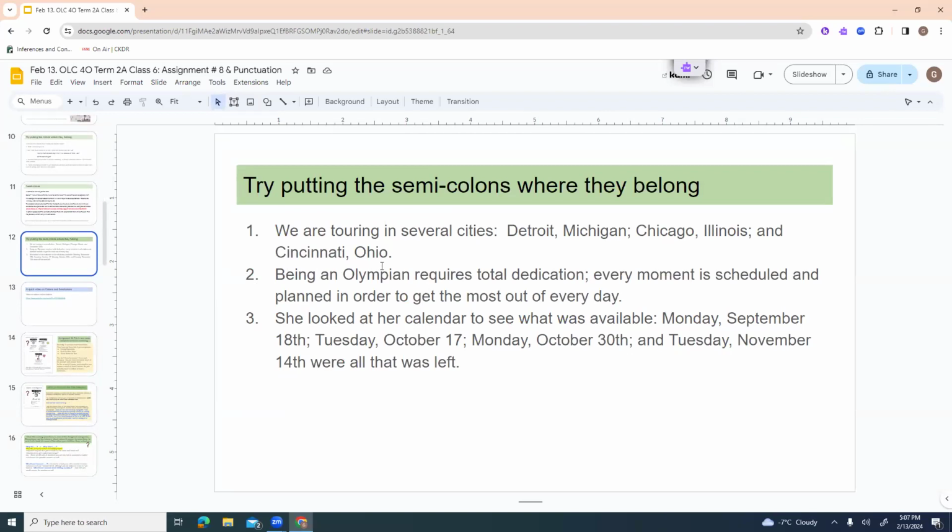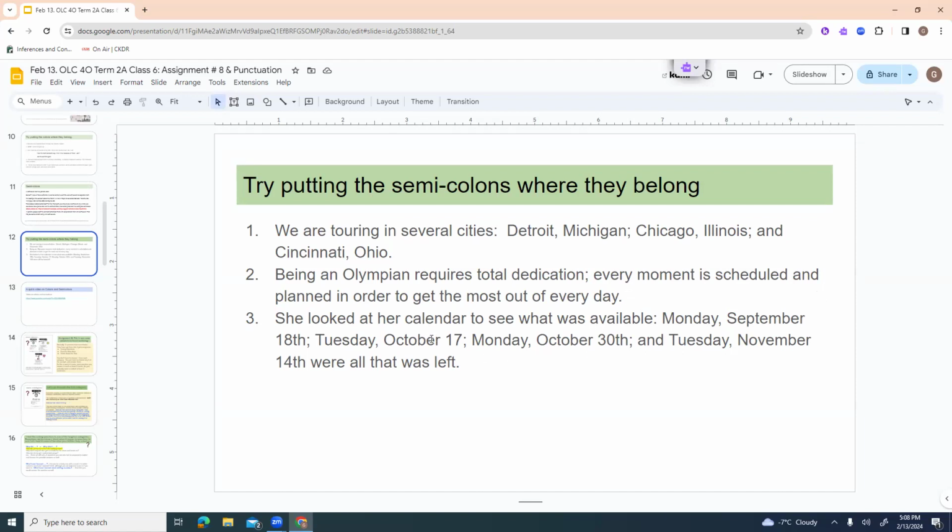Okay. And for this one, you can see here, "Detroit, Michigan; Chicago, Illinois; Cincinnati, Ohio," no semicolons, we've got a period. "Being an Olympian requires total dedication; every moment is scheduled and planned in order to get the most out of every day."